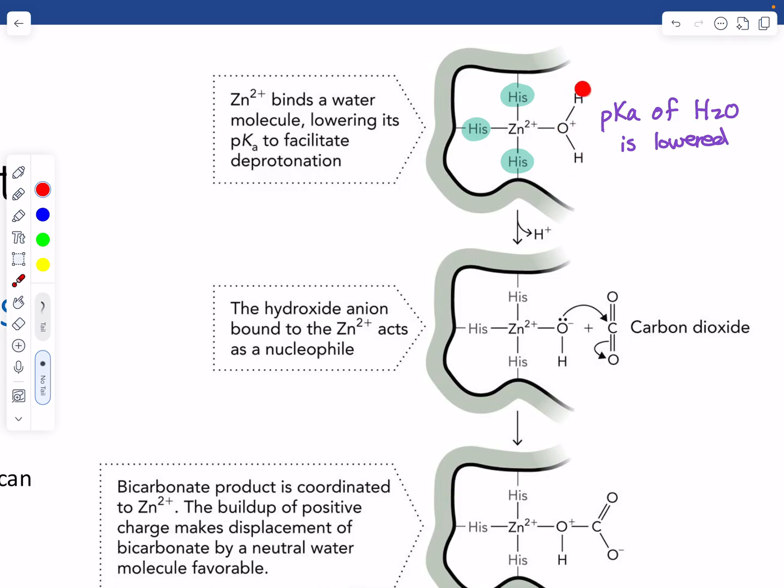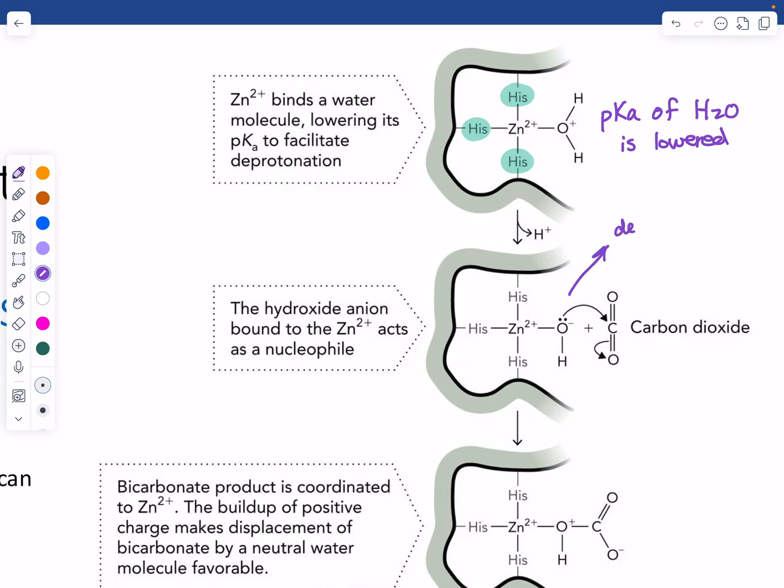Okay, so the next thing that's going to happen is because the pKa of this is lowered, it's going to be easier for it to be deprotonated. And so, of course, it gets deprotonated, leaving us with a hydroxide anion. So there's the hydroxide, it's got a negative charge. Okay, so now this is bound in the active site, held in the active site by the zinc. Okay, so let's take note of that.